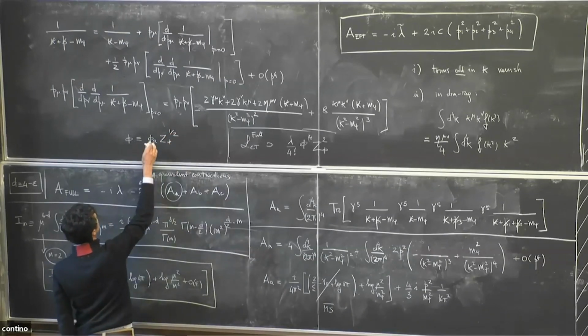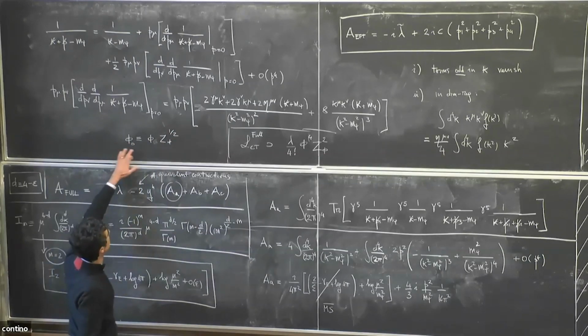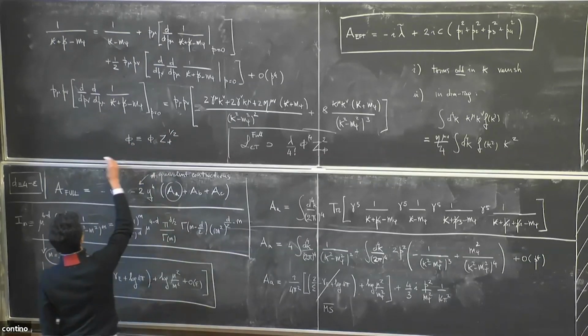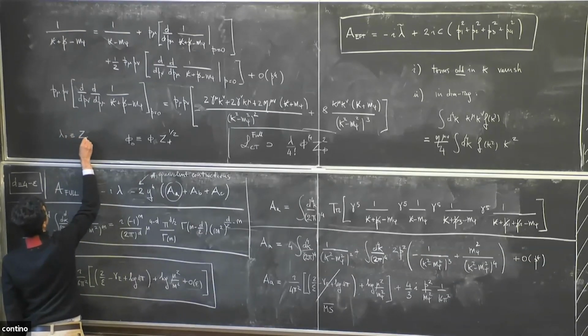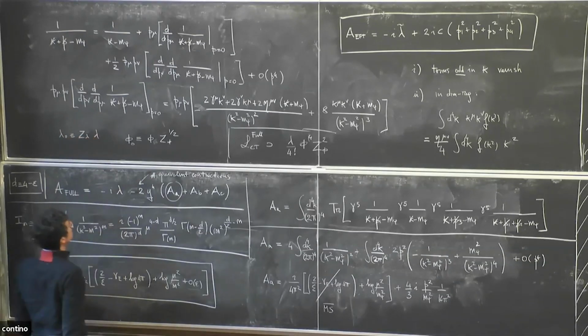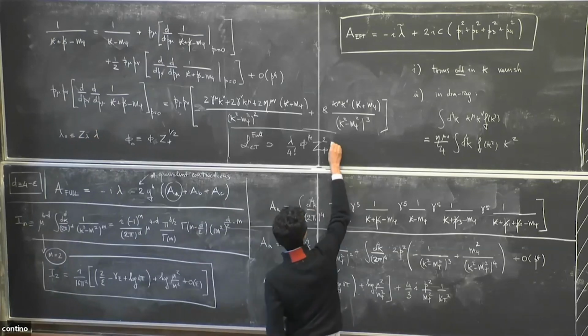Let's call it phi_0. Then you can define lambda_0 to be Z_lambda times lambda, and then here you will get the Z_lambda.